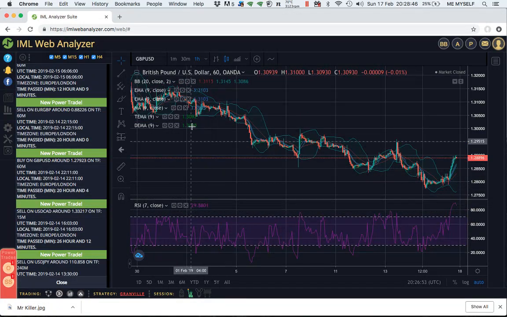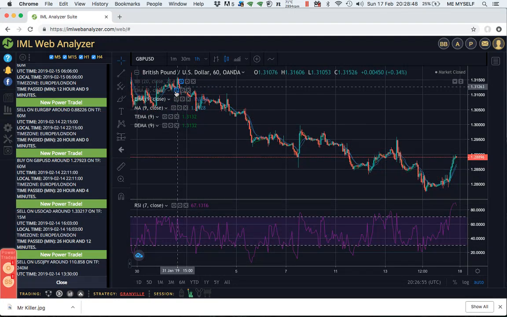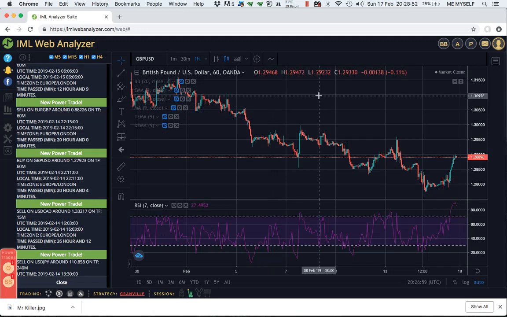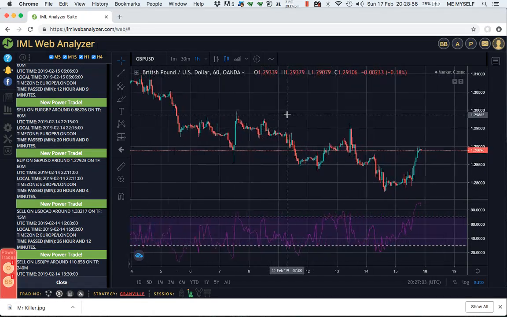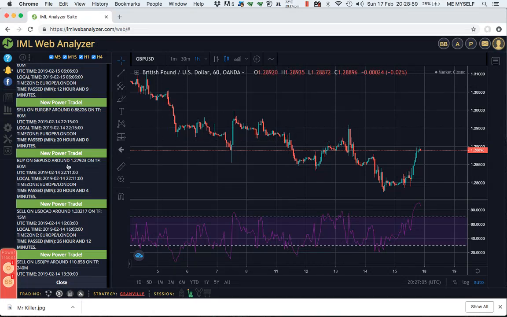I'm gonna leave the RSI in there. Now let's plot where GU was called for a buy. Right?